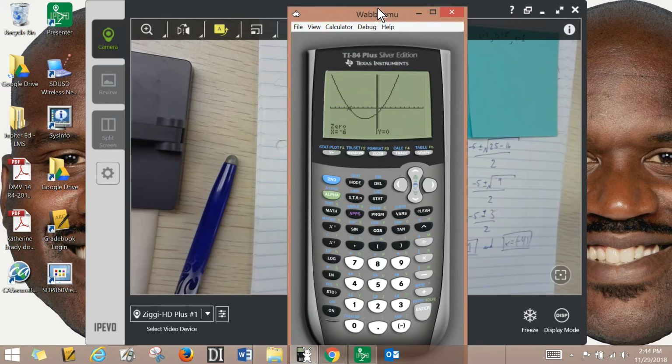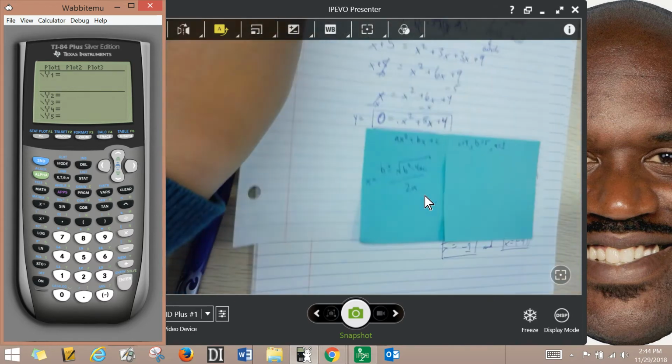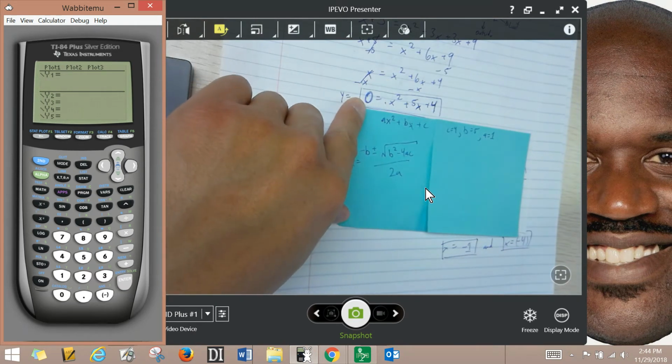Or you can even use Desmos. I like using Desmos. Let's go ahead and graph this. Let's go back up here, right here to where I set this equal to 0: x squared plus 5x plus 4.